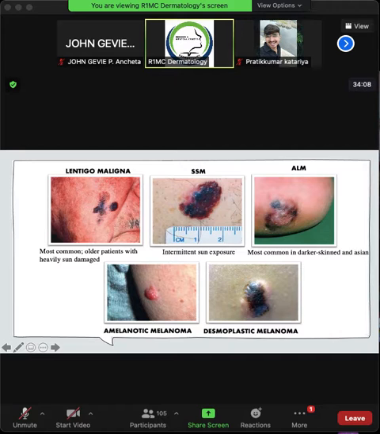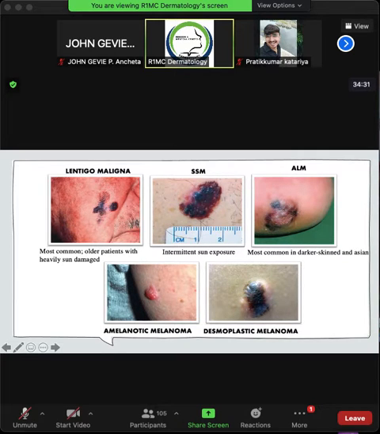Right now, it is the most common form of your melanoma. Before it was superficial spreading melanoma, but according to your textbook, lentigo maligna is the most common form of melanoma.